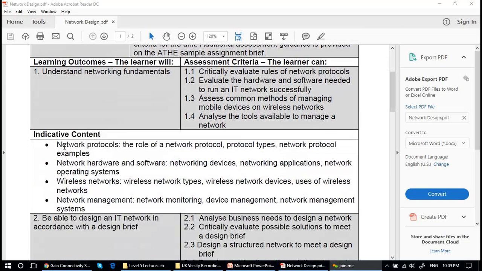The indicative contents are network protocols, network hardware, software, wireless networks, and network management, and internals will be like role of network protocol, protocol types, network protocol examples, hardware, software, wireless networks, network management, and these things.